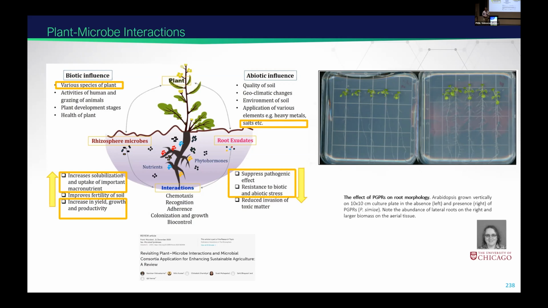What you see here on the right is a plate grown in Gene Greenberg's lab, one of our collaborators, where you have Arabidopsis grown without and with Pseudomonas simiae, and you see a really different root morphology, as well as increased aerial tissue.